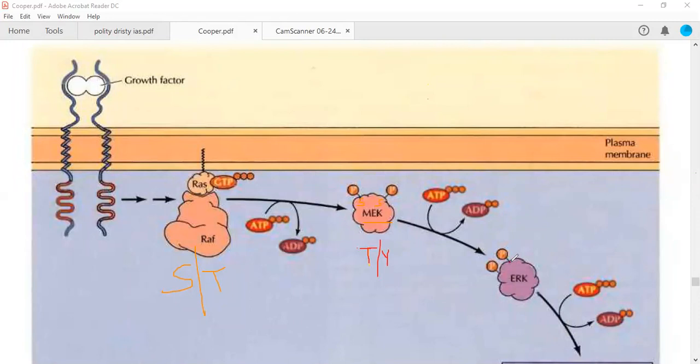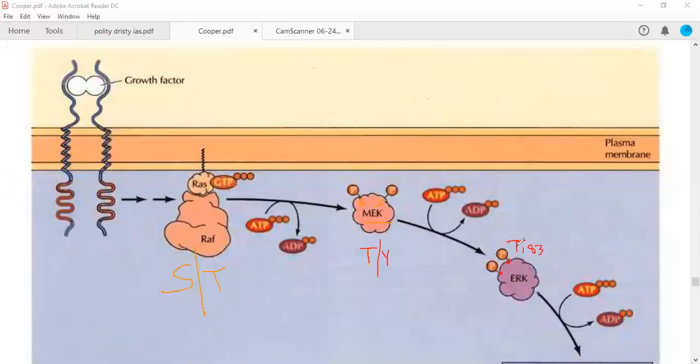And in ERK, the two amino acids are nearby, meaning at the 183 position there is an amino acid called threonine. So threonine at the 183 position. Remember these positions, because they are very important.